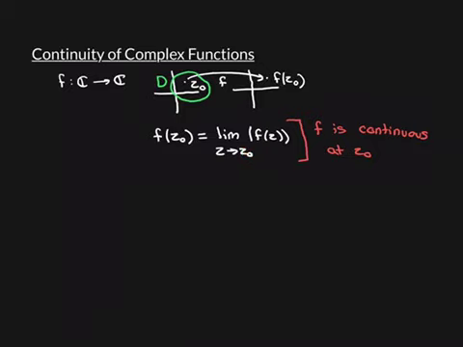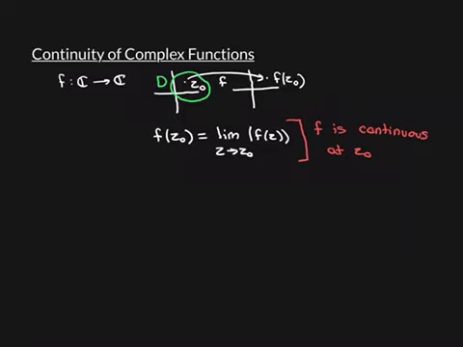What you're doing really is looking at all the points close to z0, in the neighbourhood of z0, and looking at what they get mapped onto in the codomain, and using that information to predict the value of f of z0. So that's what the limit of a function really means.